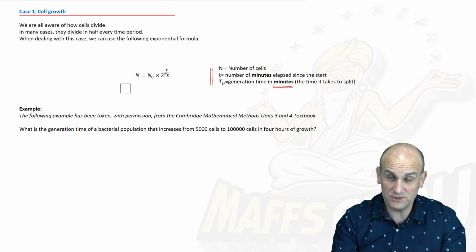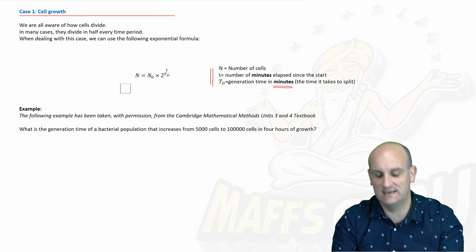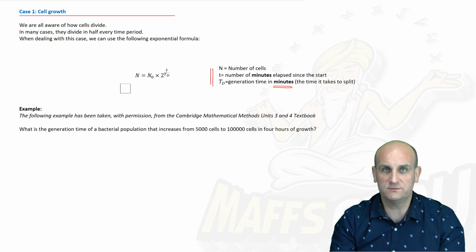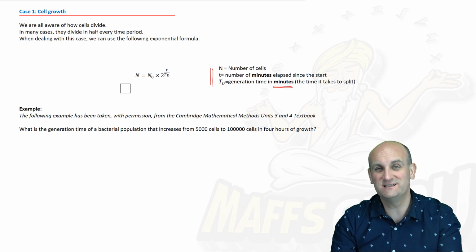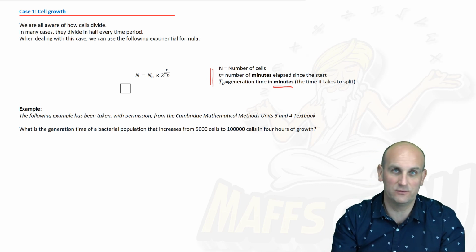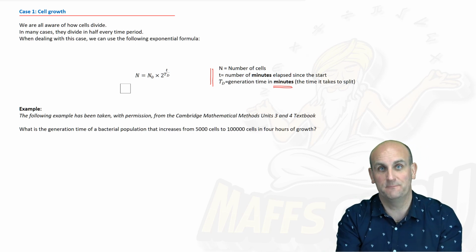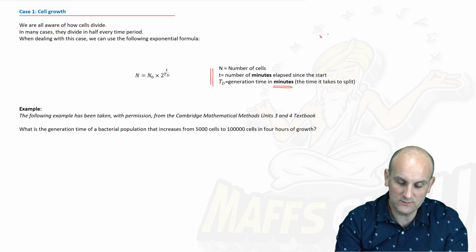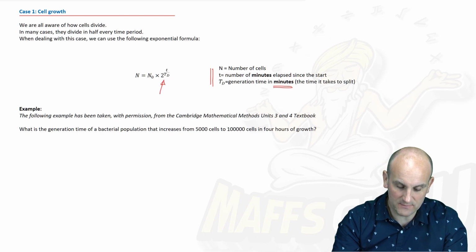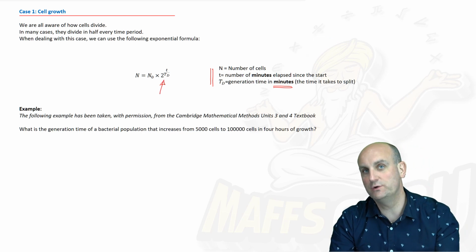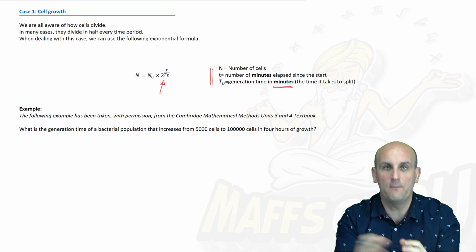In that situation, what would your multiplier be? It wouldn't be 0.1, because if you multiply by 0.1, the values get smaller and smaller. If you are increasing by 10%, then your multiplier would be 1.1. So anywhere you see this number here, just make sure you know by how much the cells are growing.